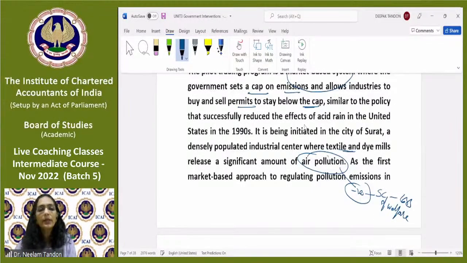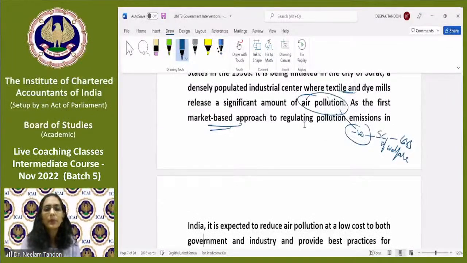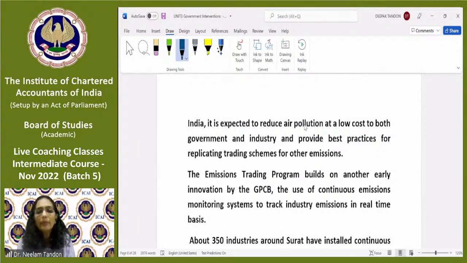Government intervened. What did they do? They started a market-based approach to regulate pollution emission. How did they do it? So the emission trading program was built up by Gujarat Power Corporation, and they monitored this emission. Okay, and they tracked industry. Itna karna tha unko. They had to give permit and they had to monitor them in real time.